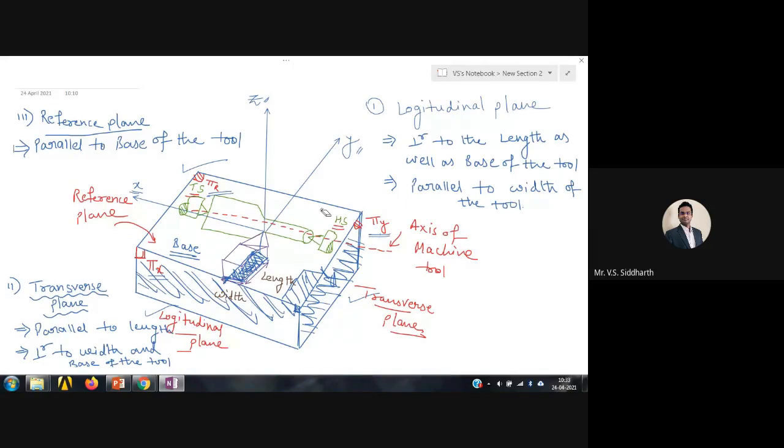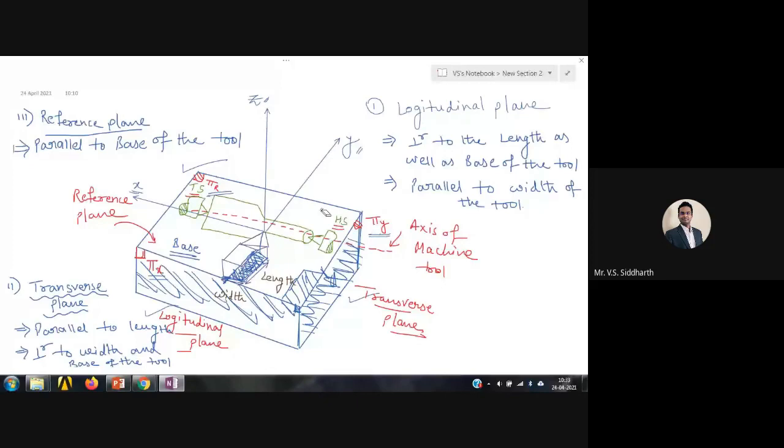So up to this point we have covered. We will stop here, and in Monday's class we will continue from here, because I don't have much time. In 5 minutes I can't complete it. If you have any doubts up to this point, you can ask me straight away, and we will continue from here in the next class and see how we get all the angles.